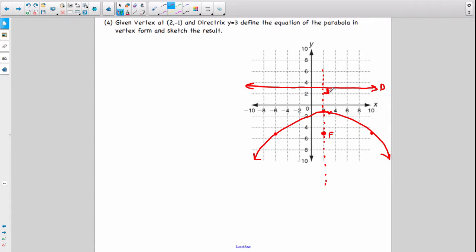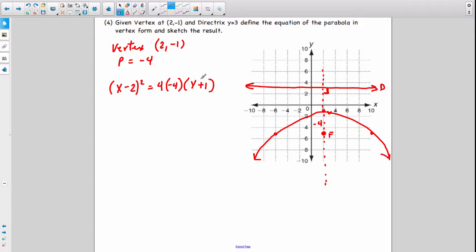But now let's make an equation out of this. Since it's opening down, I think I'm looking for a negative p. Wouldn't you agree? p = -4. Okay, so vertex (2, -1), p = -4. (x - h)^2 = 4p(y - k).